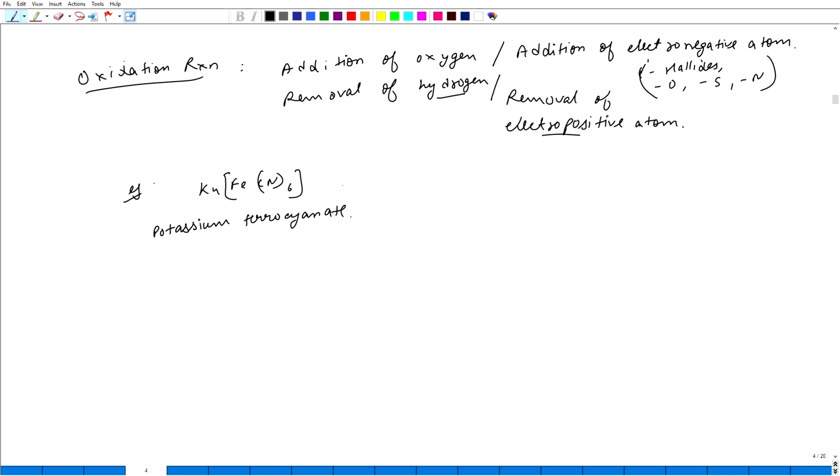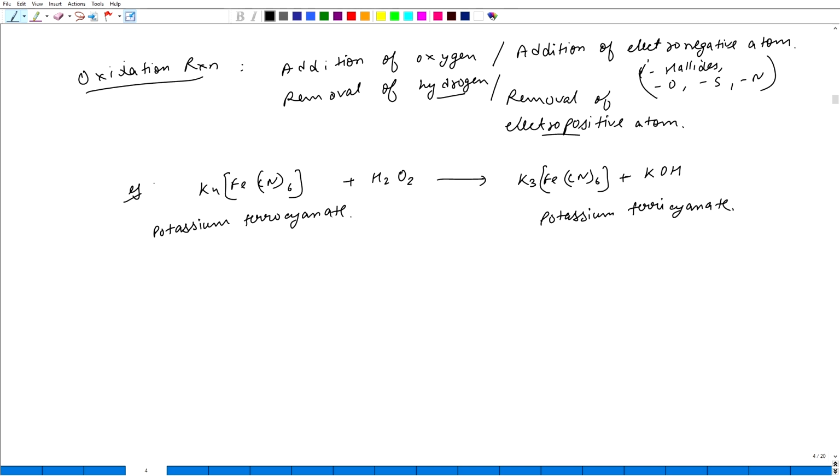This in reaction with H2O2 gives you K3Fe(CN)6 plus 2 KOH. I am not balancing the equation; we will later see how we can balance redox reactions. Till now, this is called potassium ferricyanate.